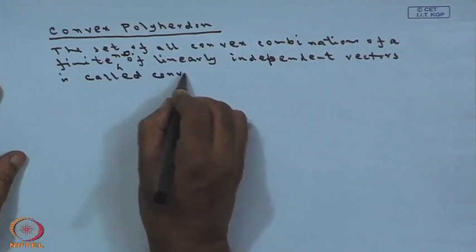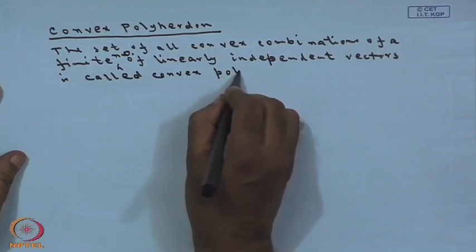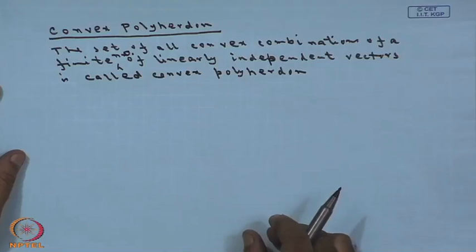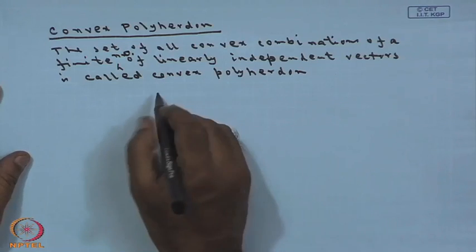So, basically whenever you have a number of linearly independent vectors, if you take any convex combination of these vectors, then you will obtain one convex polyhedron.